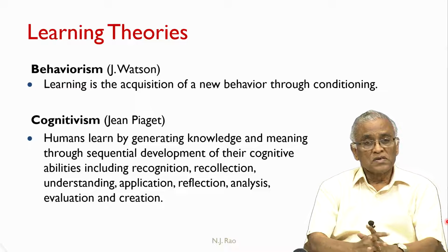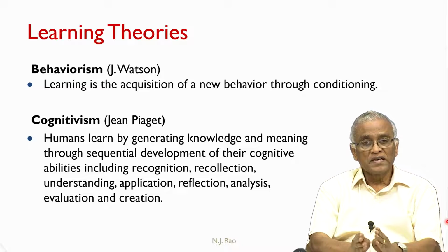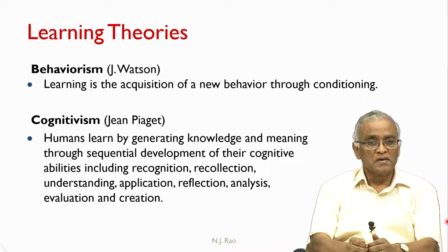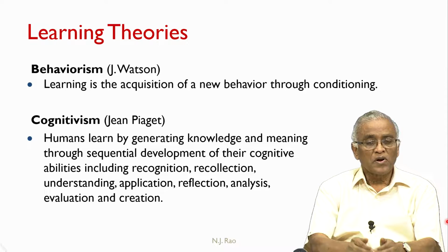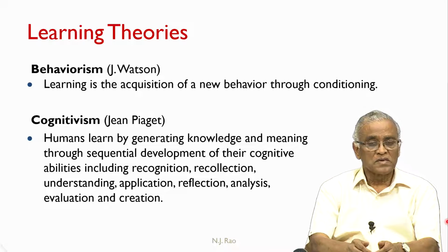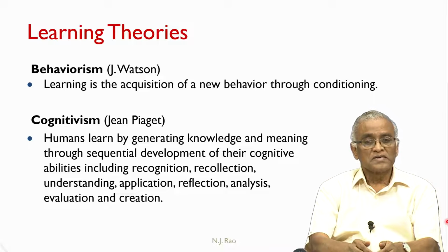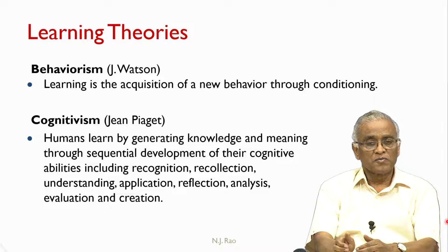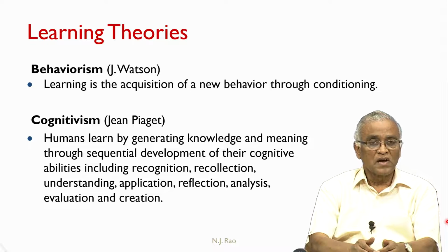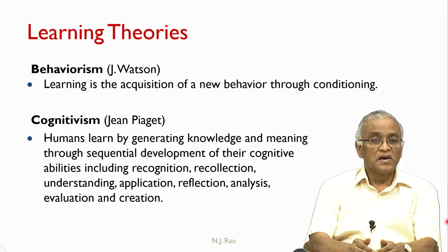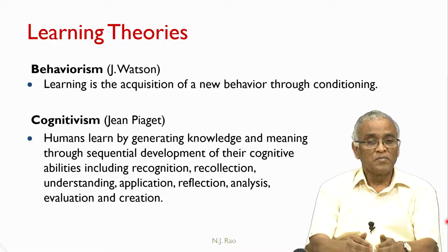One thing you should note is humans learn by generating knowledge and meaning. That means when I am learning, I am generating my own knowledge and meaning from the inputs that I have received. So my cognitive processing is likely to be different from somebody else's, and the knowledge or meaning I generated can be different from somebody else's.